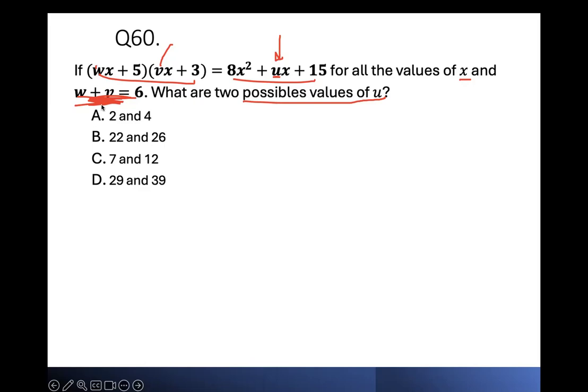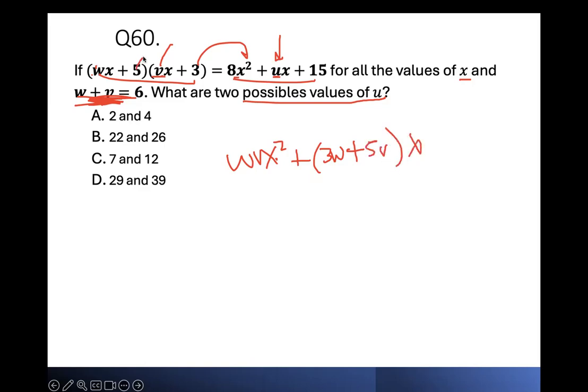Now, what are we going to have? If you open this, you know that these can be rewritten like that. So I know for this to be that, I'm going to have x squared, with the first letters, because they have the x. The next one is the 3 is going to multiply the W, so 3W plus the 5V will be the x coefficient.